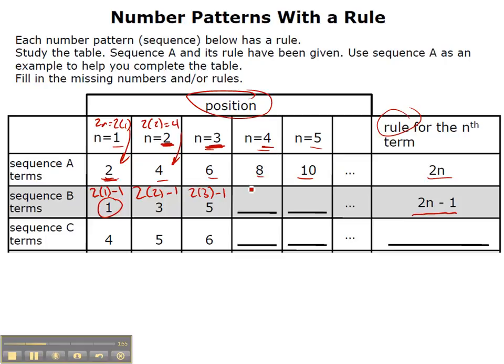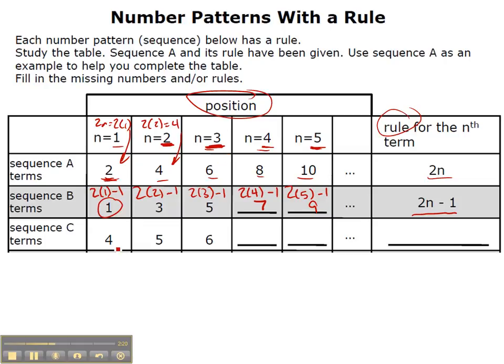Now n is 4, so 2 times 4 would be 8, and 8 minus 1 is 7. Up here n is 5, so 2 times 5 is 10, minus 1 is 9. And you can also sort of see, if we're going 1, 3, 5, 7, 9, it's increasing by 2 each time. So you could use that to fill those in also.